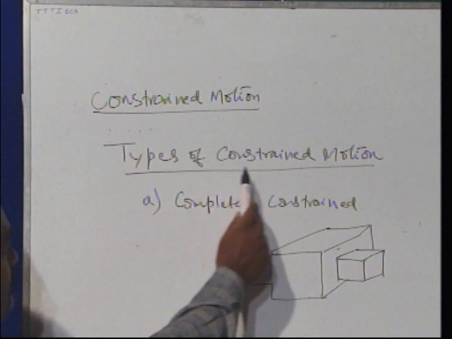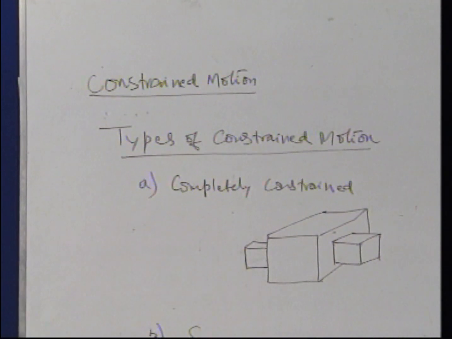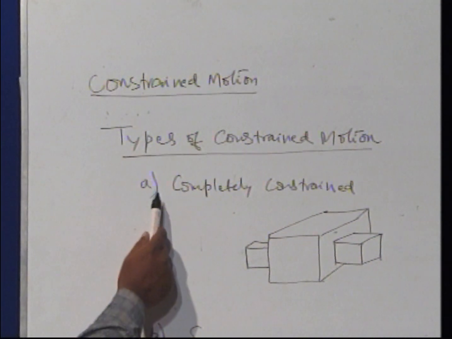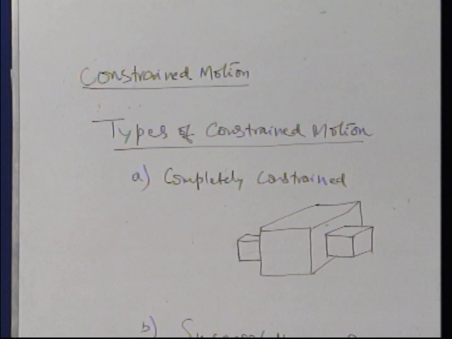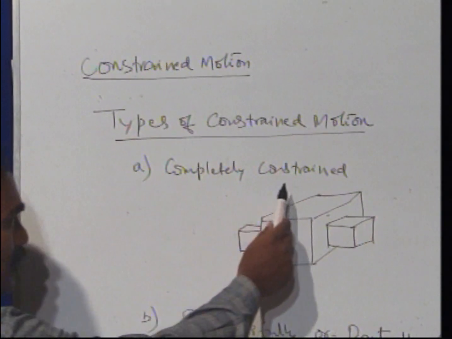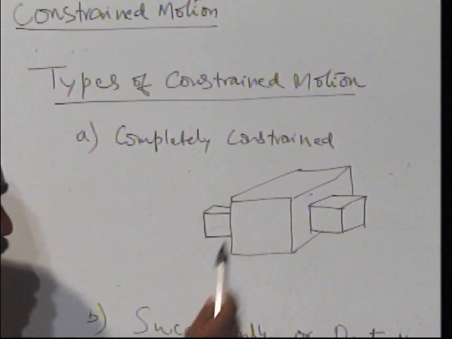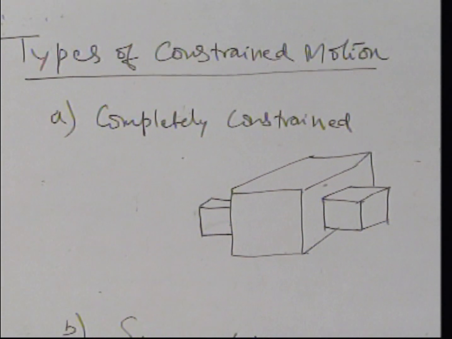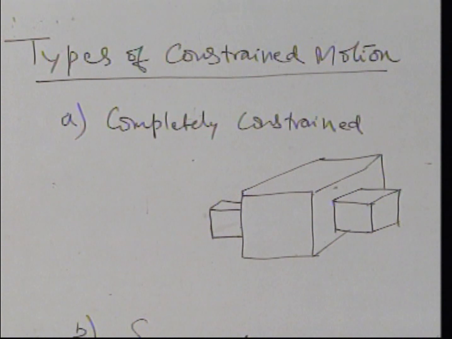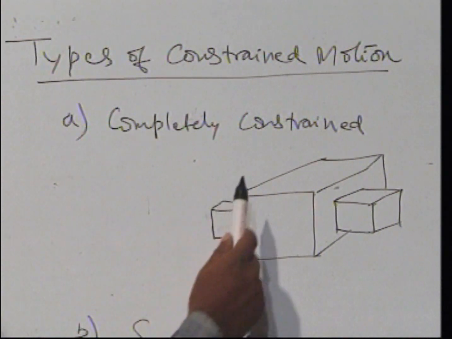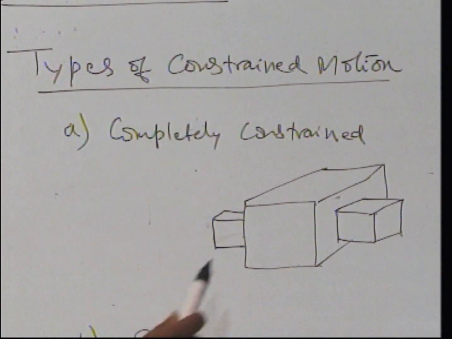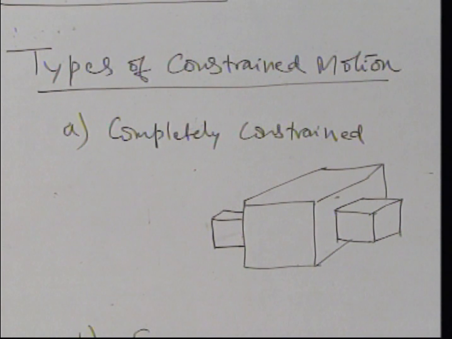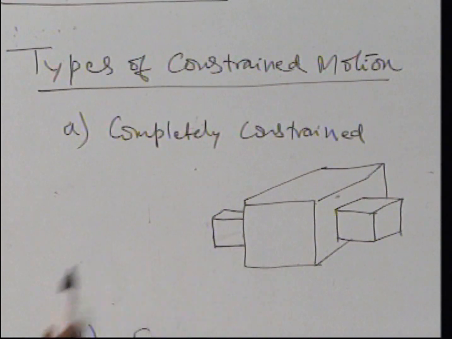Now, the types of constrained motion. We have completely constrained motion, where the freedom to the moving body is restricted totally. The example for this can be a square rod in a square hole, as you see here.